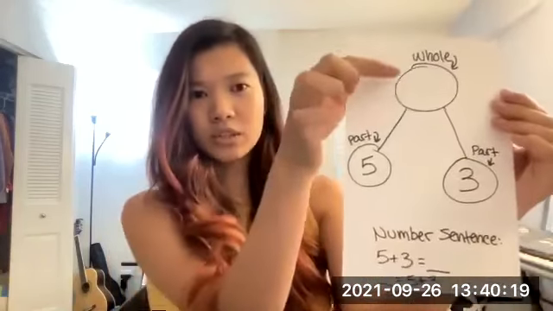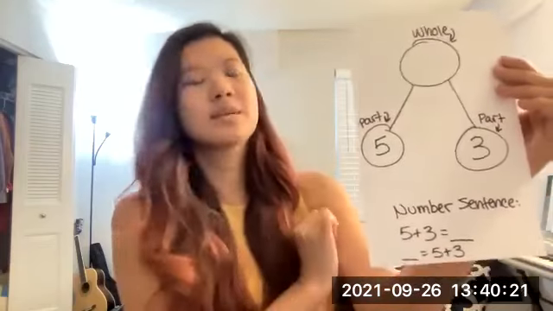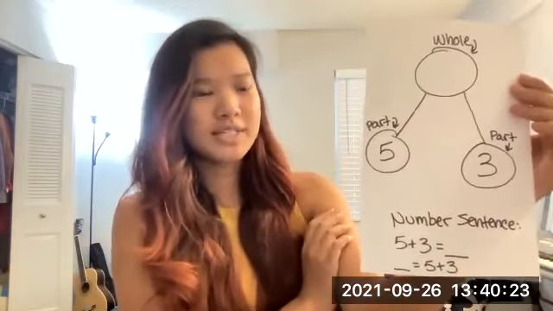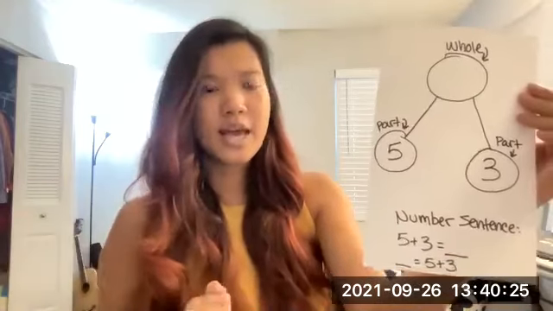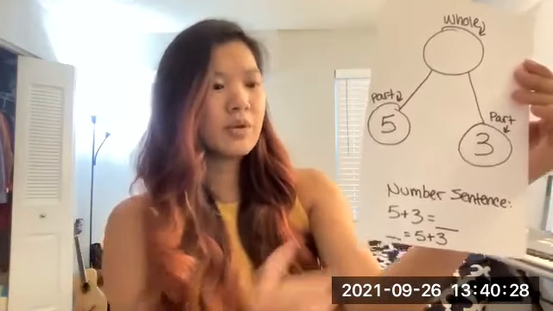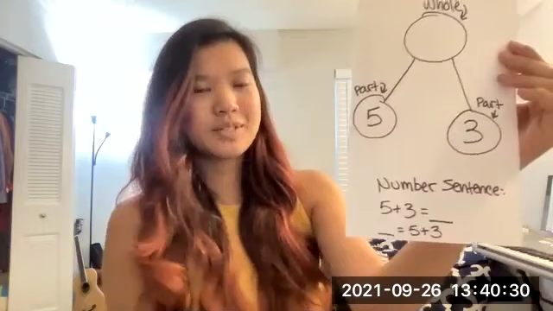You may see some number bonds that look like this, where our whole is missing. Sometimes they might want you to find what the whole is. In order to do that, you're going to need to add the two parts together.